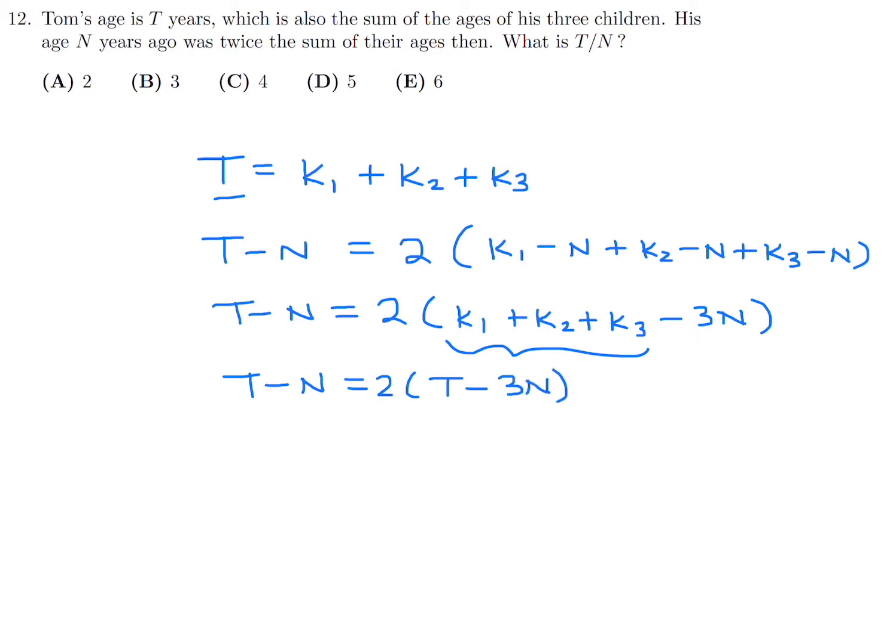And therefore this is t minus n is equal to 2t minus 6n. Solving, we get t on this side, add 6n to both sides, and it gives you 5n. And then finally, we get our ratio t over n is equal to 5. So number 12, the answer is D.